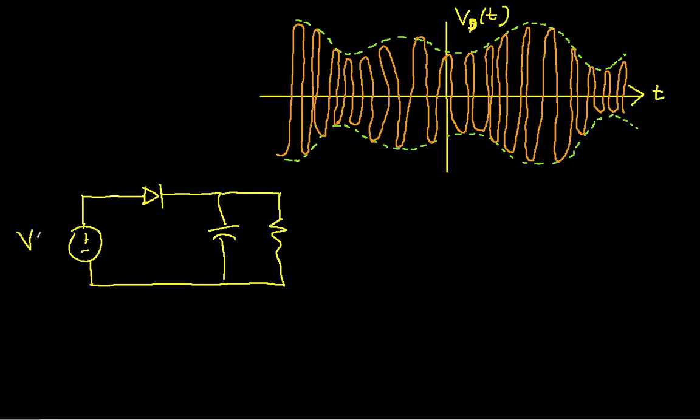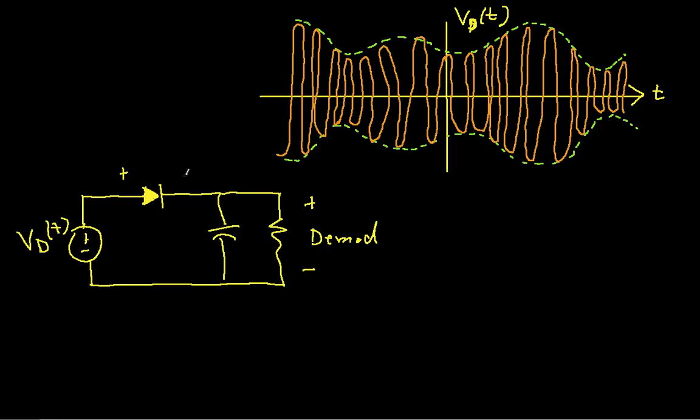So this is V sub D, and this is the output, the demodulated time signal that I want. And this, for those of you that are unfamiliar with electronic circuits, this is a diode. And it has the property that it acts like a switch.